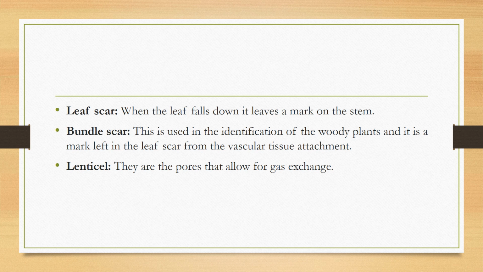It's a mark left in the leaf scar from the vascular tissue attachment to the leaf, and then after the leaf fell down, it left two marks. One of them is the leaf scar, and inside the leaf scar you can find the bundle scar, which is from the vascular attachment to the leaf.